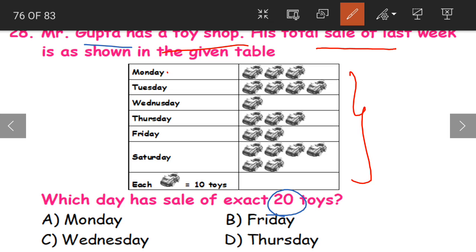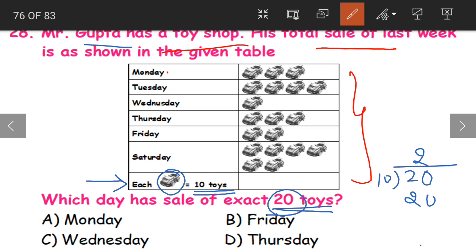If you look at the bottom of the table, each picture represents 10 toys. So for 20 toys, how many pictures will there be, children? 20 divided by 10. 10 twos are 20. So for 20 toys, we will have 2 pictures.